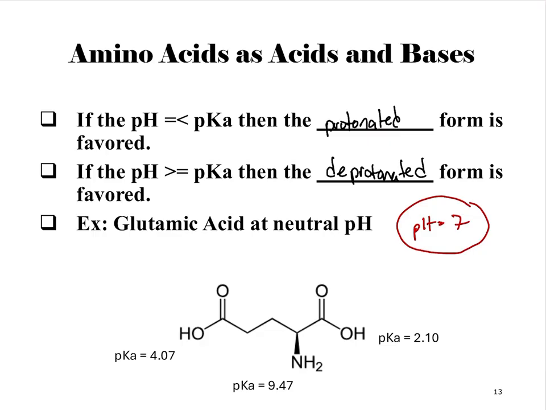Okay, so for glutamic acid, what part of the amino acid is this that I just circled? So this is a carboxylic acid here. Is it the C-terminus, the N-terminus, or the R group here? There is a carboxylic acid on the C-terminus, right?